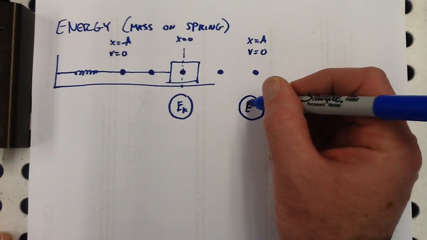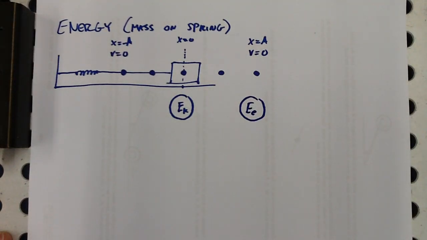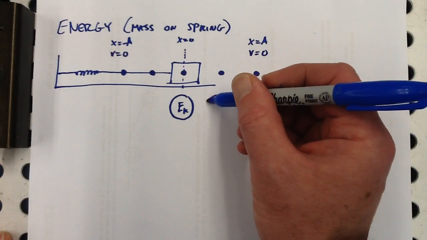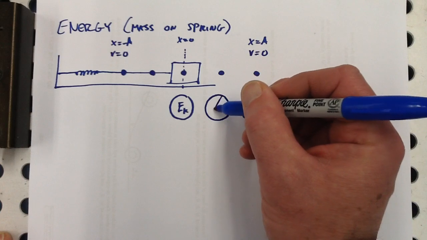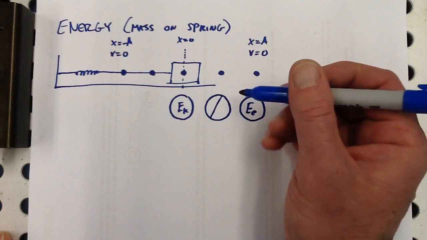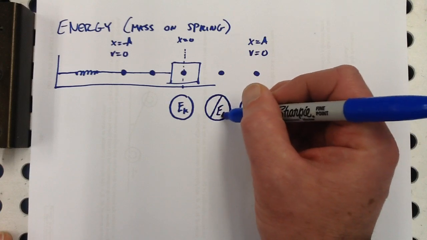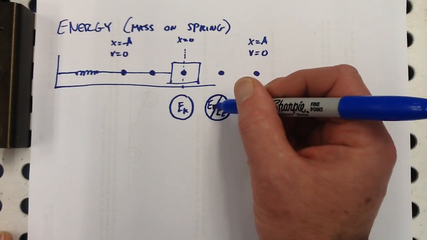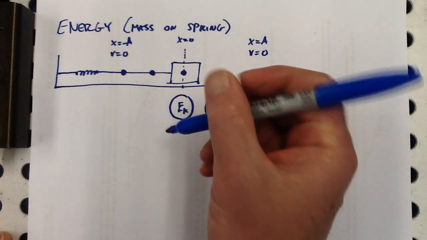So here it must be all elastic energy in the spring. And then here it's some mix. I'm going to draw it like it's about half and half. It's actually not half and half. It's more EE than EK, but we don't have to get into exactly what the blend is, because this is just qualitative.